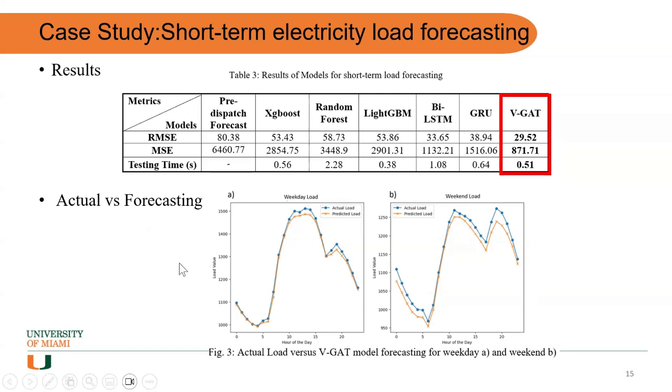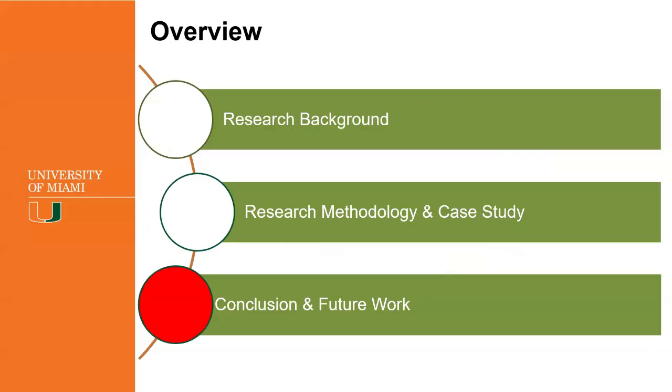The plot down below shows our model forecasting compared to the actual load. As you can see here, our model can clearly capture the nonlinearity and achieve very accurate forecasting performance.